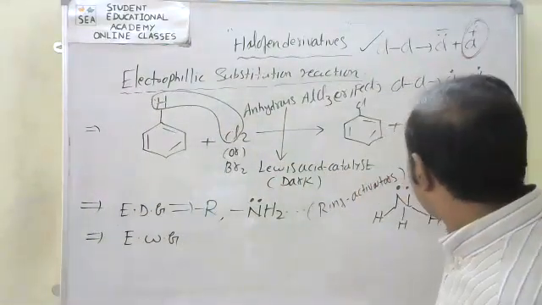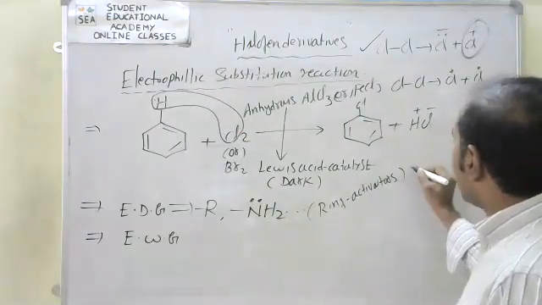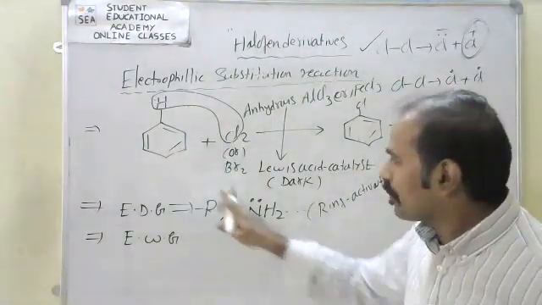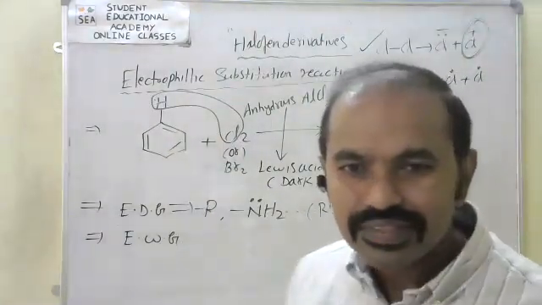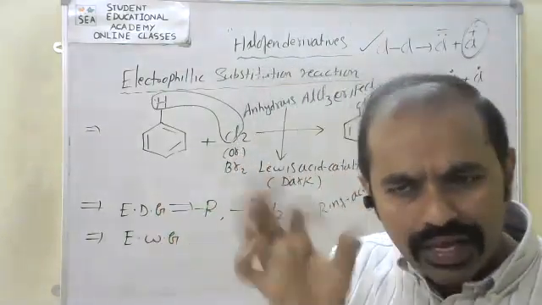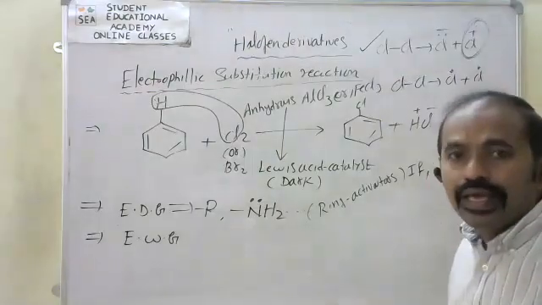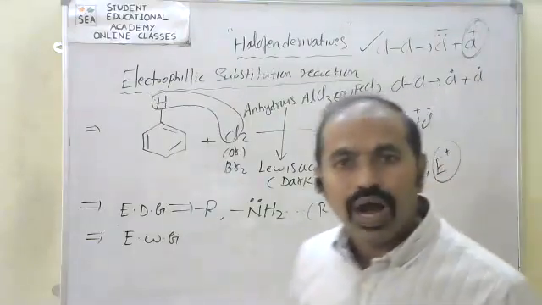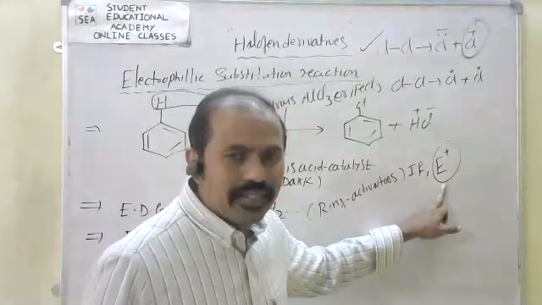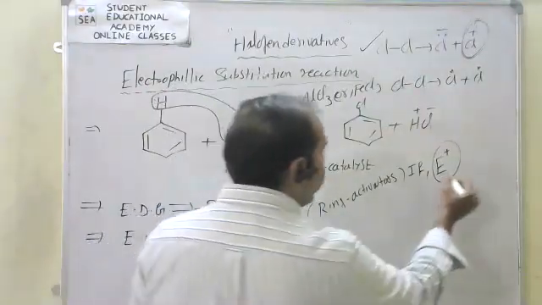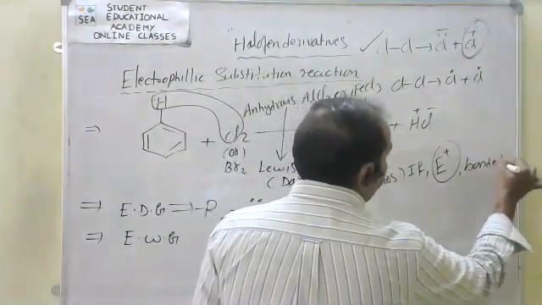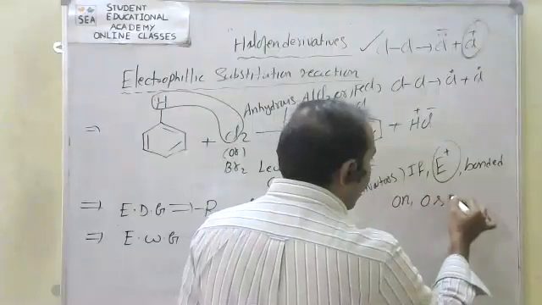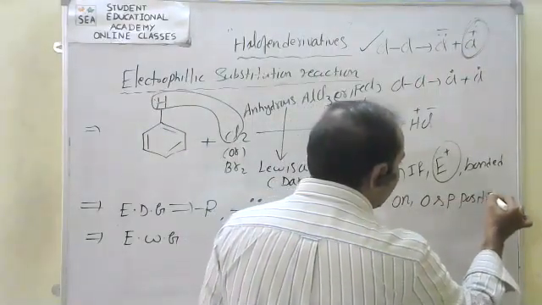According to the theory, if these ring activators are present on the ring, the coming electrophile bonds at the ortho and para positions.